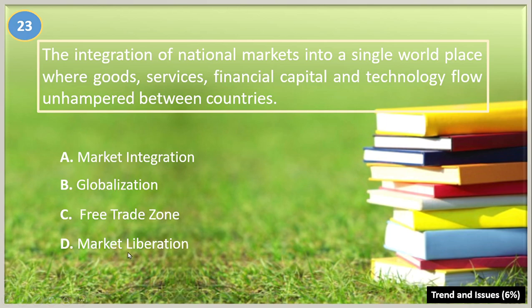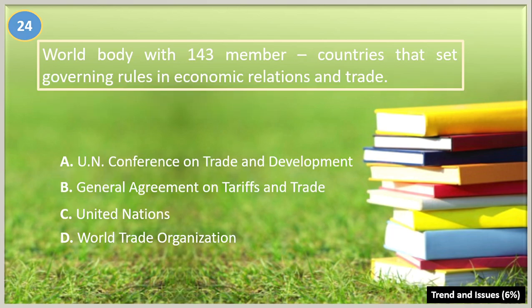C. Free trade zone. D. Market liberation. The answer is letter B, globalization. Okay? There is an unhampered flow of business between countries.